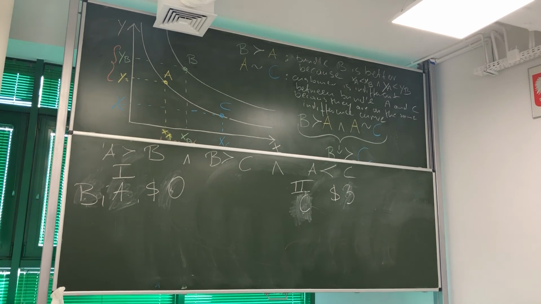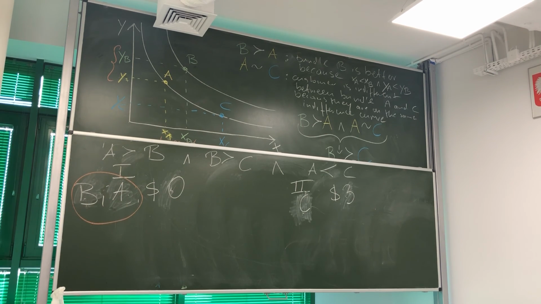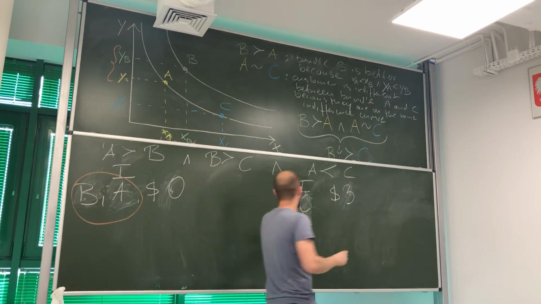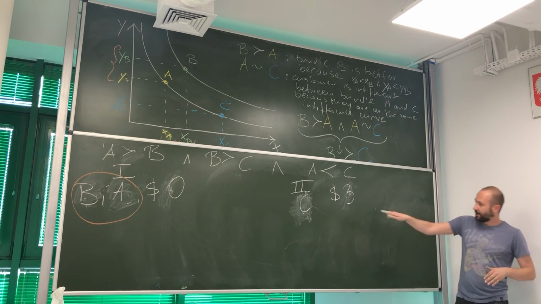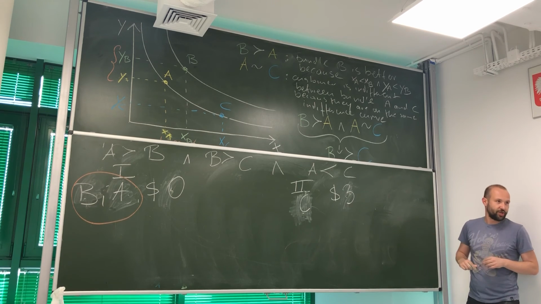And look, after these 3 rounds of exchanges, what do we see? Person 1 has exactly the same 2 goods. And the same goes for person 2, who now has C, but the money was exchanged.